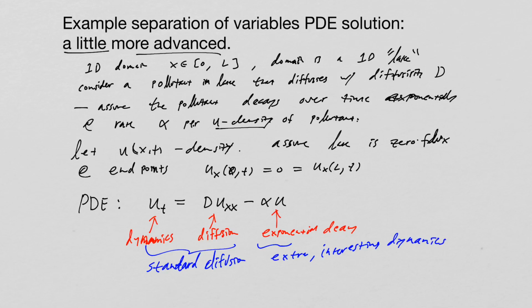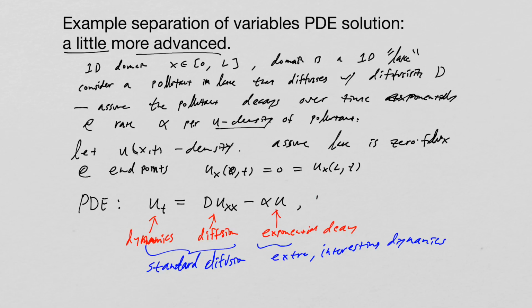This is an additional term that's added to make it maybe a little bit more interesting. So clearly there's going to be multiple things going on. Diffusion spreads out stuff over time, and exponential decay will take stuff away. Maybe this pollutant oxidizes or goes through some sort of reaction, and it eliminates from the system entirely.